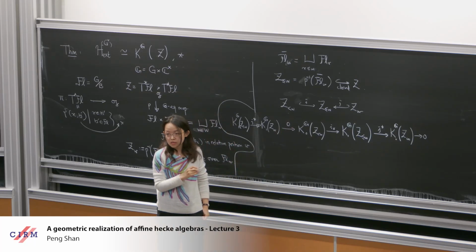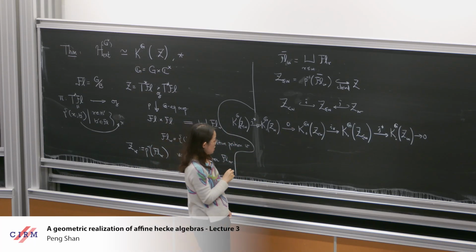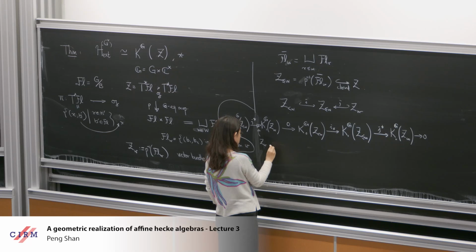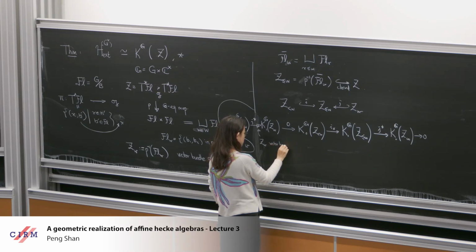So the sequence splits, and this uses that Z_w is a vector bundle over Fl_w, which has an affine paving.